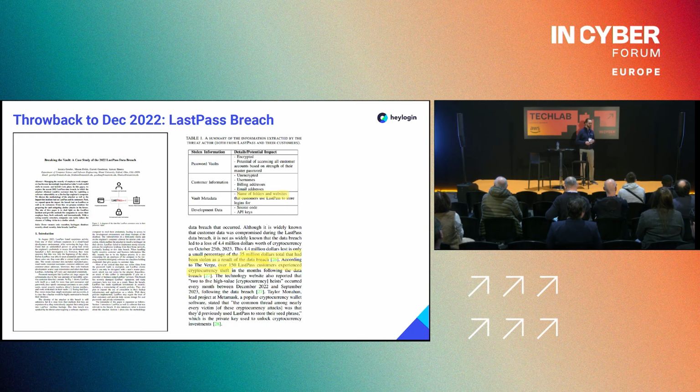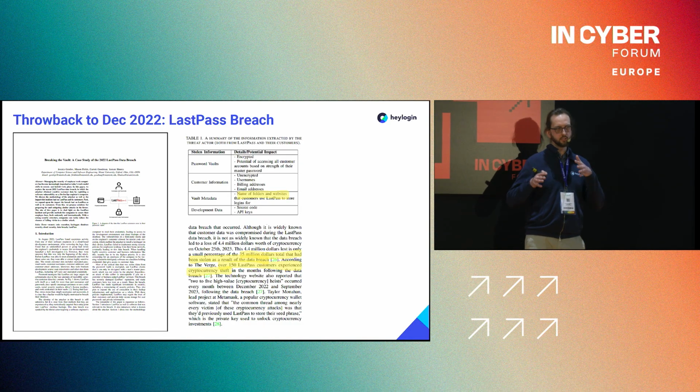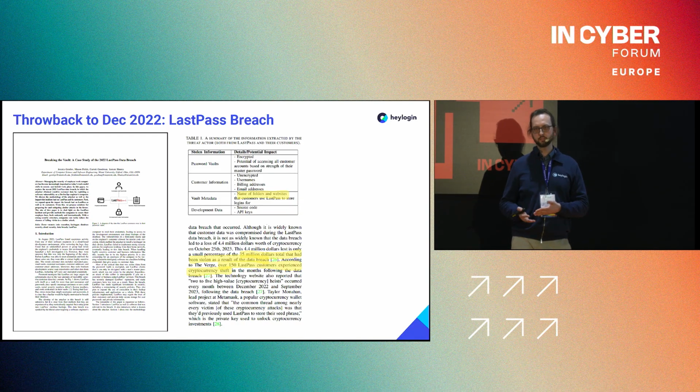So let's go down here. There is an interesting paper that summarizes all that happened in the LastPass breach. It's called the Breaking the Vault paper. And there is a lot of evidence that not just the encrypted databases have been stolen by attackers, but also that attackers were able to brute force the master passwords. And why do we know that this happened?